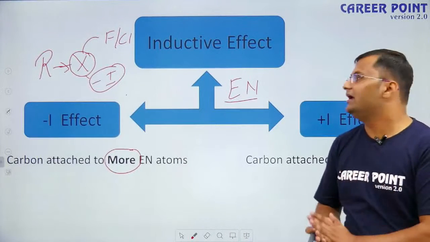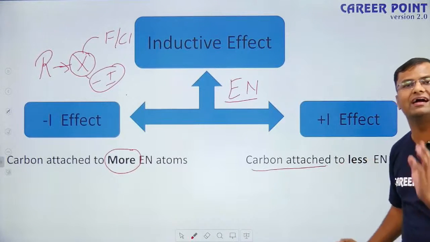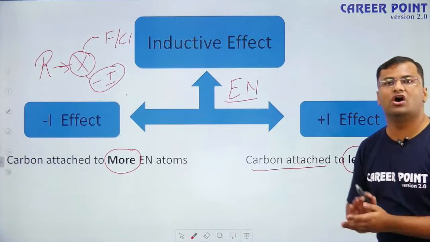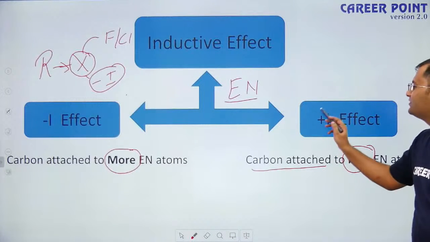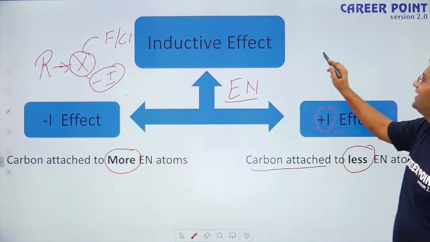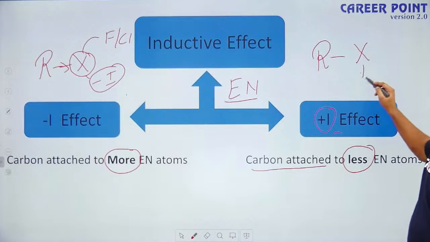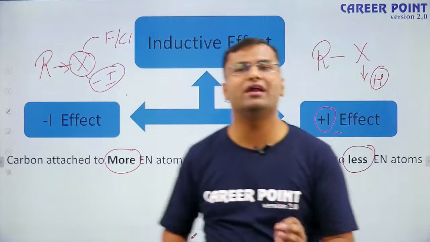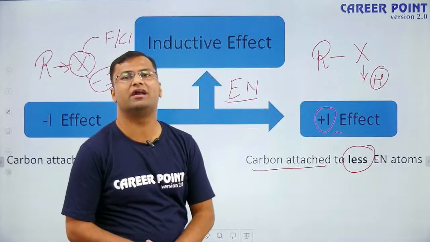Clear? Now for the plus I effect, when a carbon or alkyl atom is attached to a less electronegative atom, then the plus I effect is going to take place. Now we will take an example of R-X where X is a hydrogen atom, meaning hydrogen is less electronegative than this alkyl group or carbon atom.